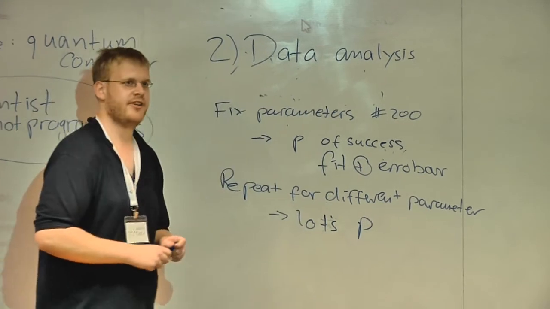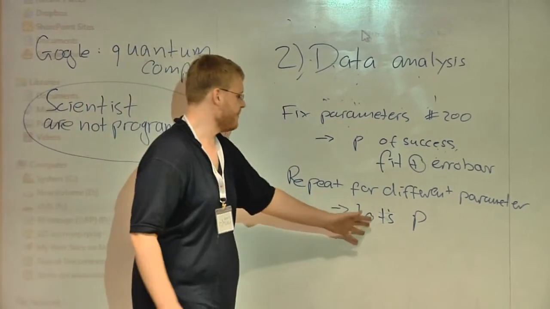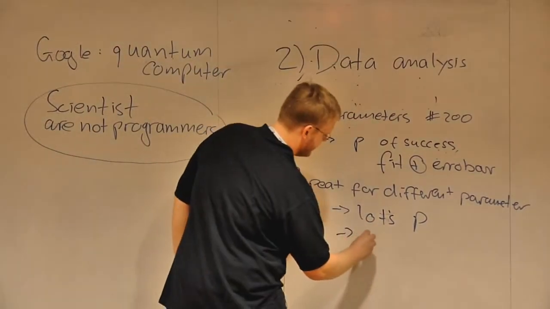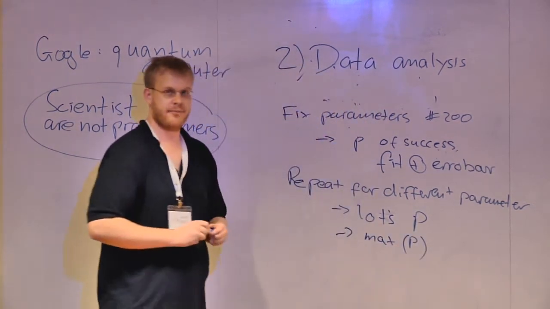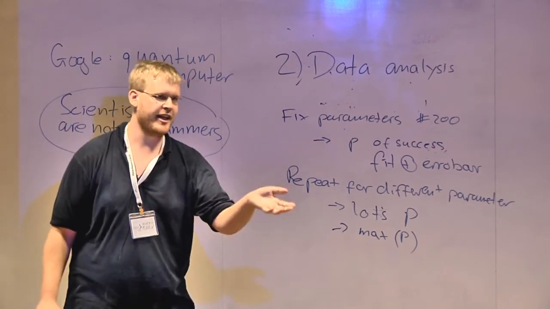Then we have to fit another model, and we figure out where's the maximum probability. And again, this maximum probability is something we are interested in, because that tells us something about nature.